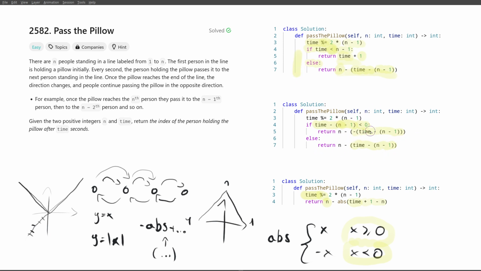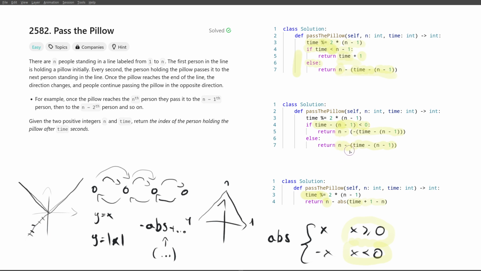So what should we write here when we start with minus (time minus (n minus 1)), all taken together? Well, to make sure that it's time plus 1, then we have to get rid of that n. So we take n minus this. And in the latter case, we have n minus this. Well, that's exactly the thing that we want.